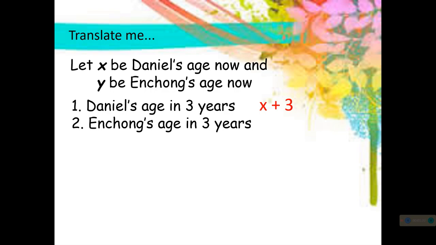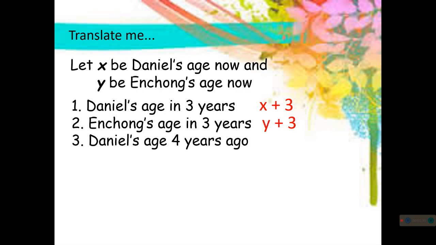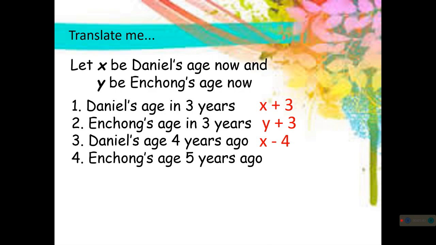Okay. How about this one? Enchong's age in 3 years. Correct. So we have Y plus 3. Okay. How about Daniel's age 4 years ago? Okay. So we have X minus 4 is correct. Fourth one, we have Enchong's age 5 years ago. We have, yes, Y minus 5.